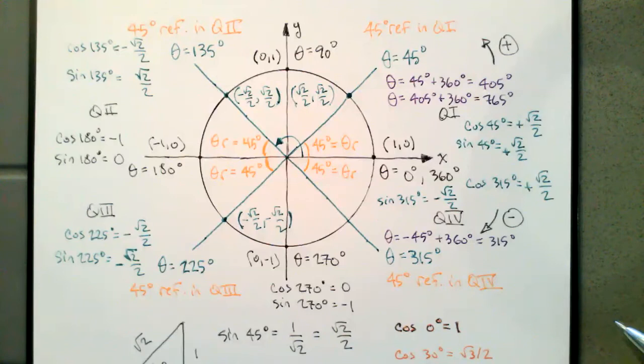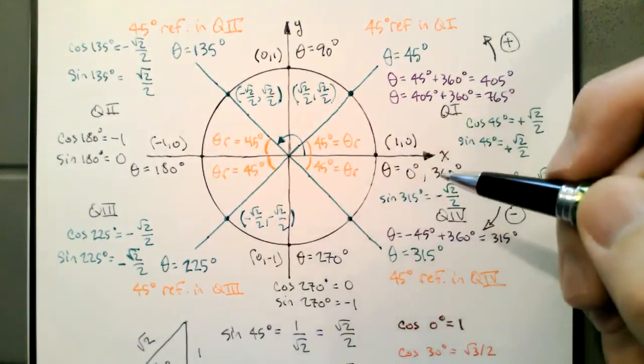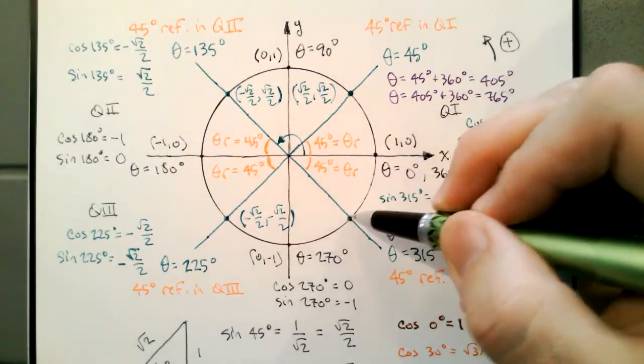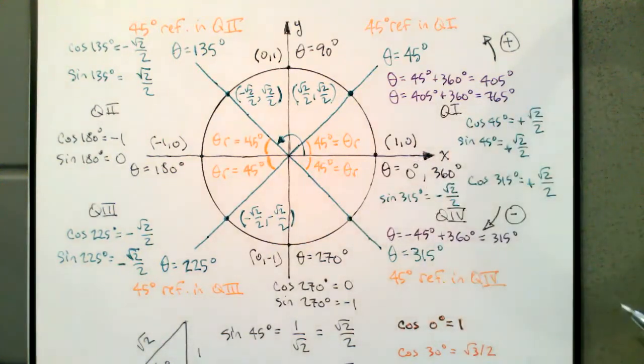And finally, since I'm super out of space, where 315 hits the unit circle, we'll have a positive x, so positive root 2 over 2, and a negative root 2 over 2 for the coordinates there. Because x is positive, y is negative. Because in quadrant 4, cosine is positive and sine is negative.